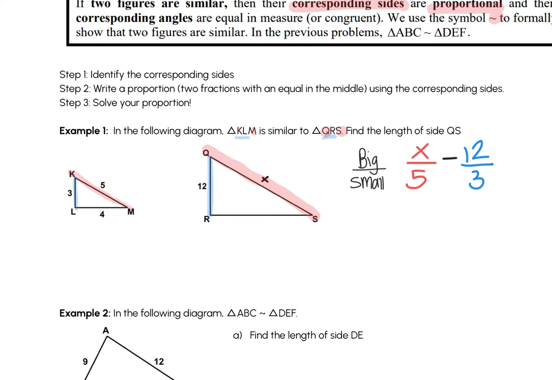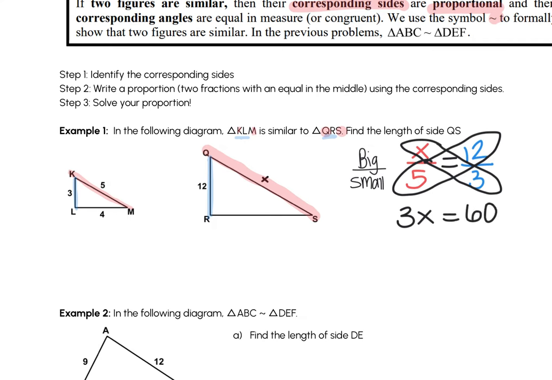So here's my proportion. I put an equal sign in the middle because that makes it a proportion, and because we know that the scale factor has to be equal for both of them. So then from here, we're just going to solve our proportion. We solve using cross multiplying or the butterfly method. X times 3 is 3x, and then 5 times 12 is 60.